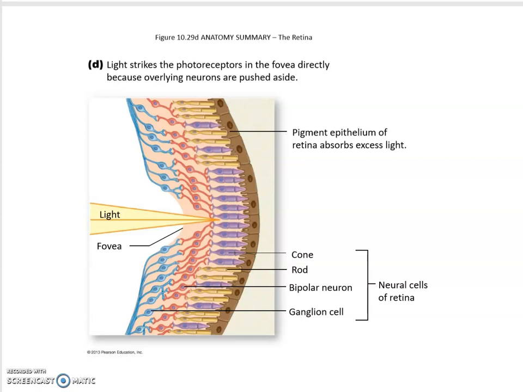So again, the processing is, you're going to have your photoreceptors, rods and cones, and they get stimulated, receive the signal, translate it into action potentials that then go via bipolar cells and then ganglion cells. And the ganglion cells, these axons, will bundle up and become collectively the optic nerve.